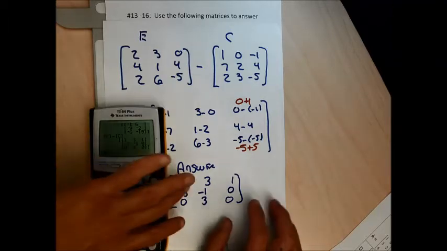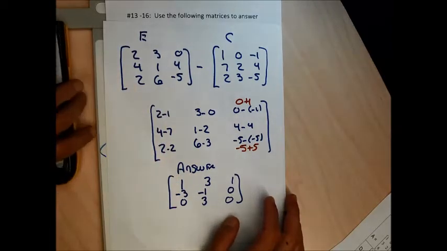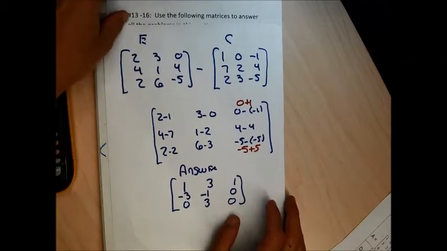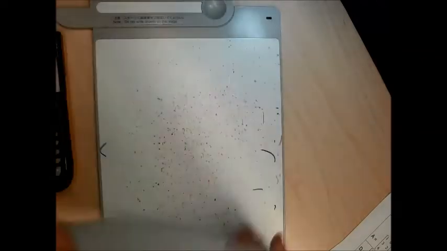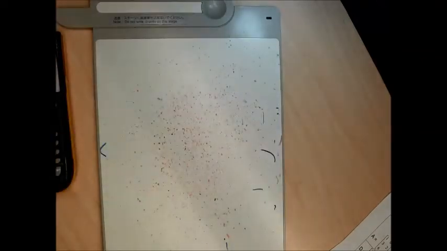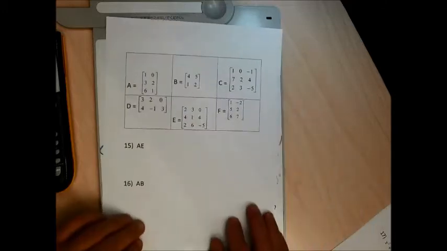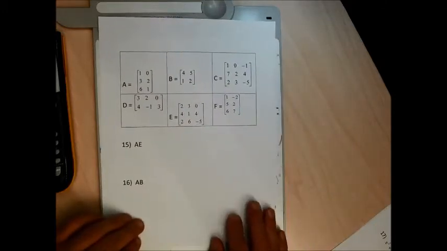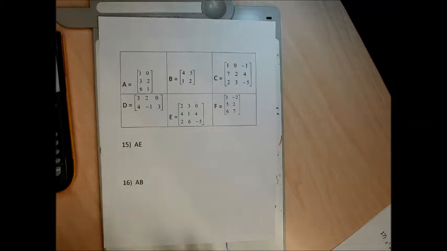So addition, subtraction, and multiplication of matrices and scalar multiplication you're most welcome to do using your calculator. It's just not so important. For 15, to do A times E, I already entered A and E, so my calculator can do it.